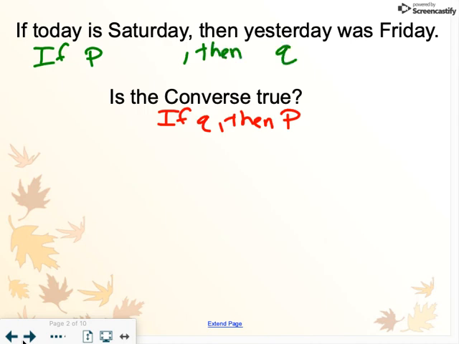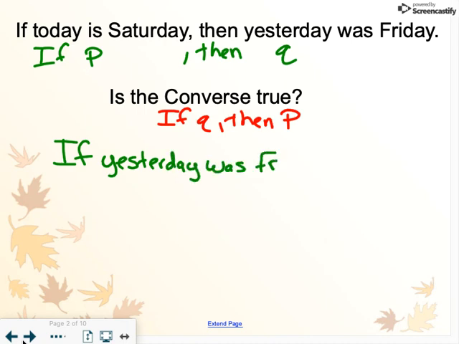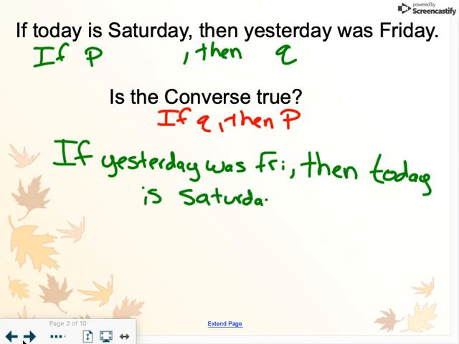So is the converse true? We have if yesterday was Friday, then today is Saturday.